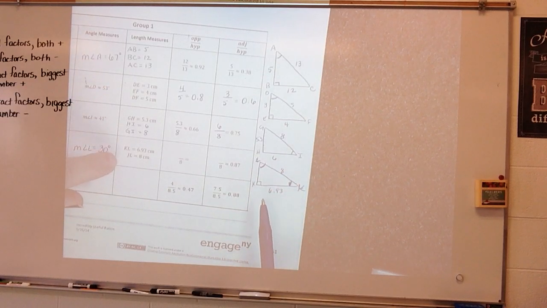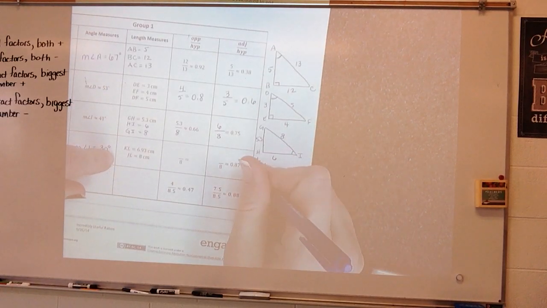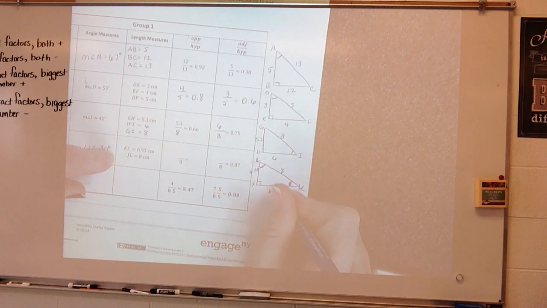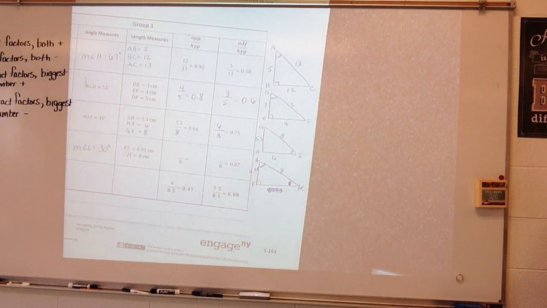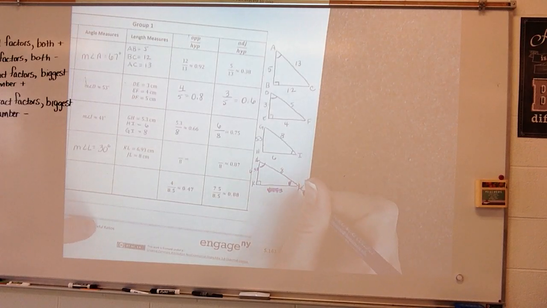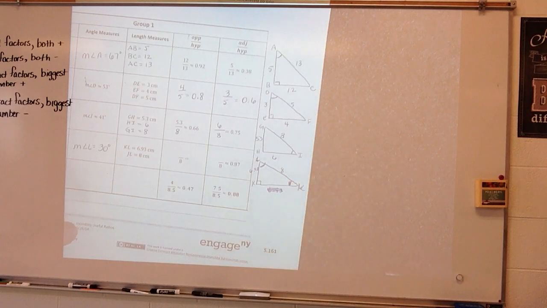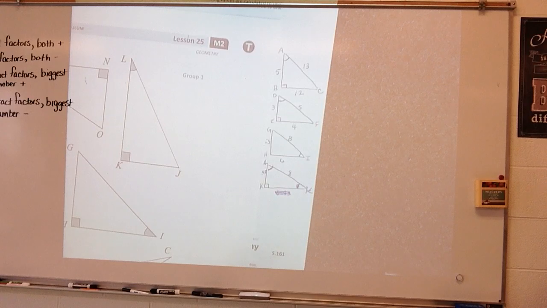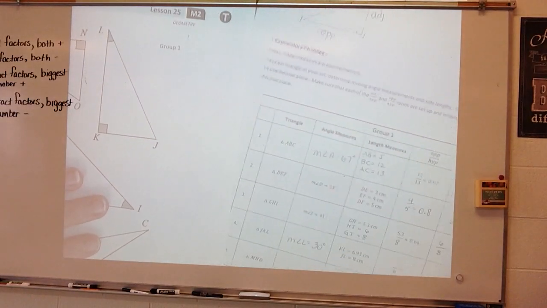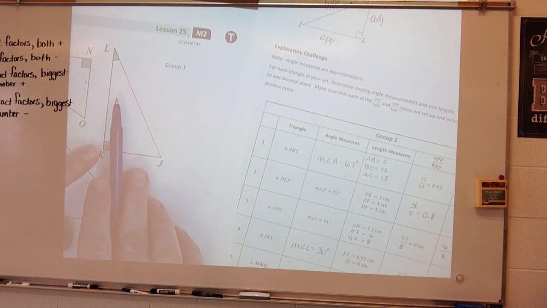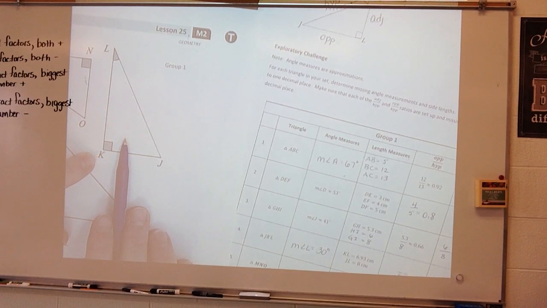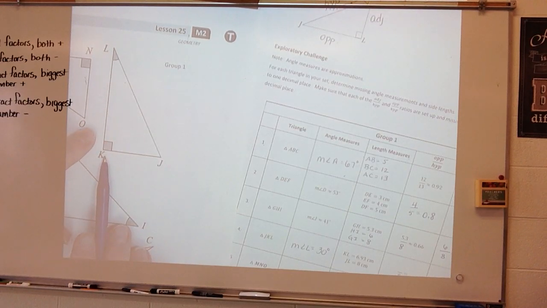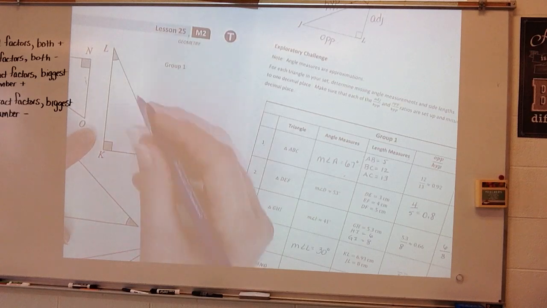And it tells me that KL is 6.93 and that JL is 8. Let's look at this. Alright, so I've got JKL. I know that KL is 6.93.